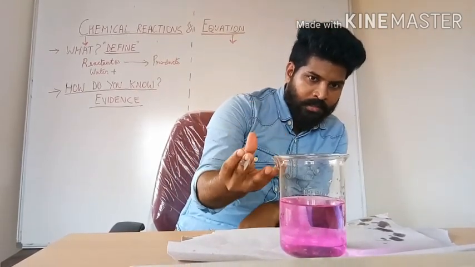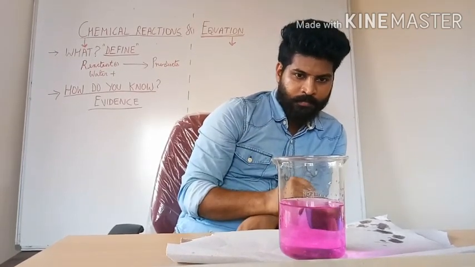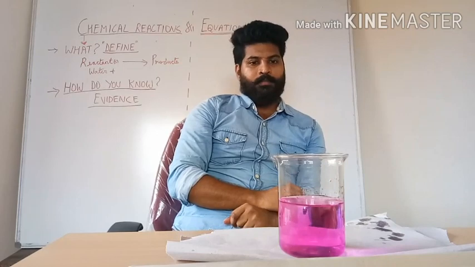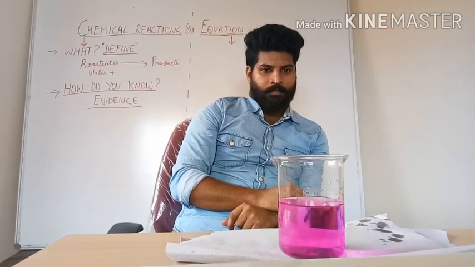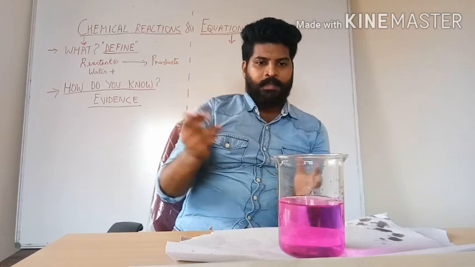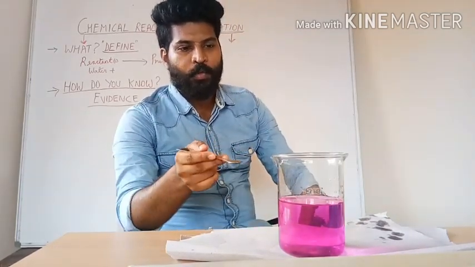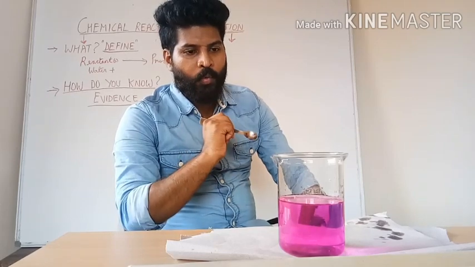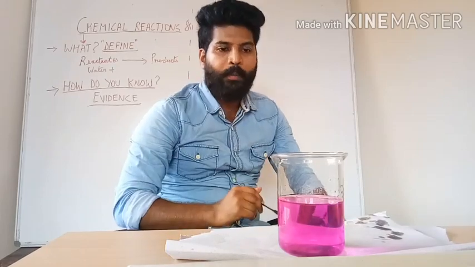You can see vapors coming out. Isn't it amazing? The color changes from colorless to pink now, and also you can see gas in the form of vapor coming out.